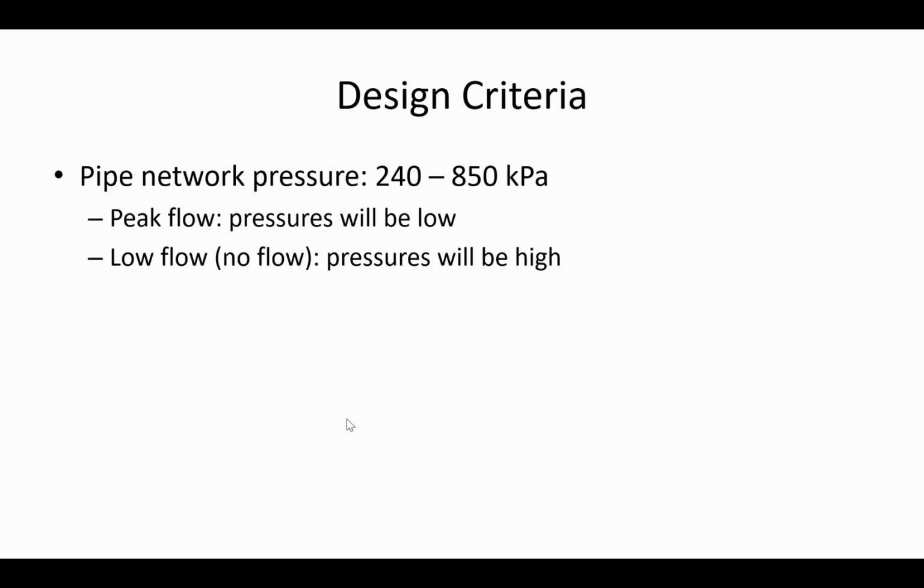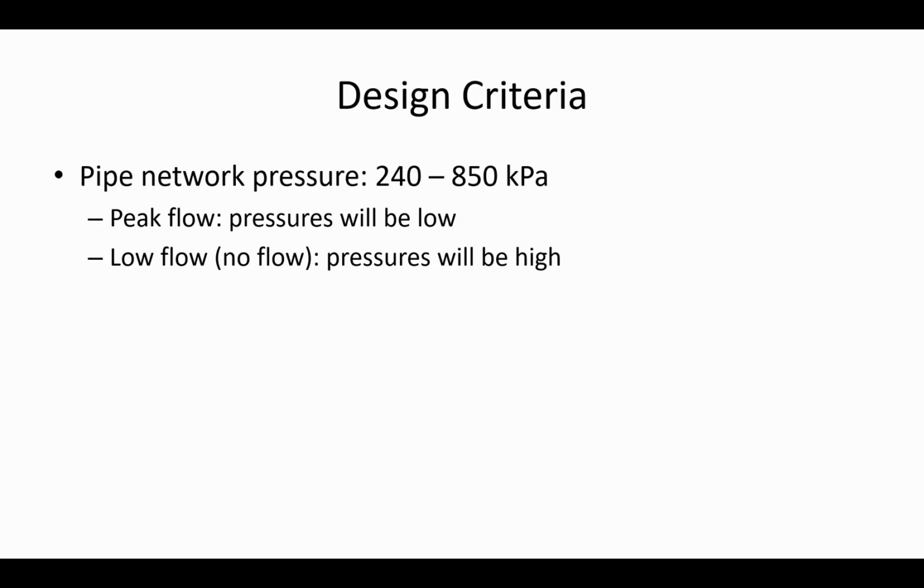In this next phase, your pipe network should be sized such that during peak flow, when there's lots of demand in the network, on that worst day of the year when the city is completely built out and there's also a fire somewhere, potentially, with that demand load on the network, your pressure can go as low as 240 kPa.